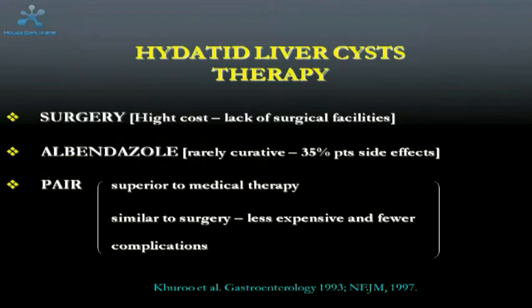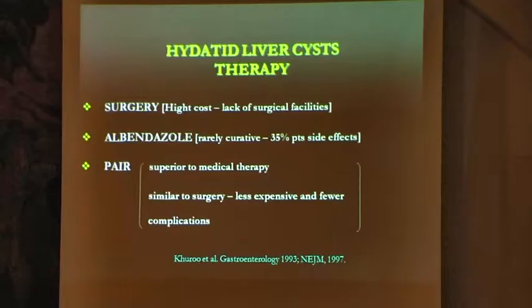In Western countries, surgery is still considered the first therapy of choice, but where there are not enough surgical facilities, where it's difficult to have an efficient operating room for this kind of operation, the first choice is PAIR.